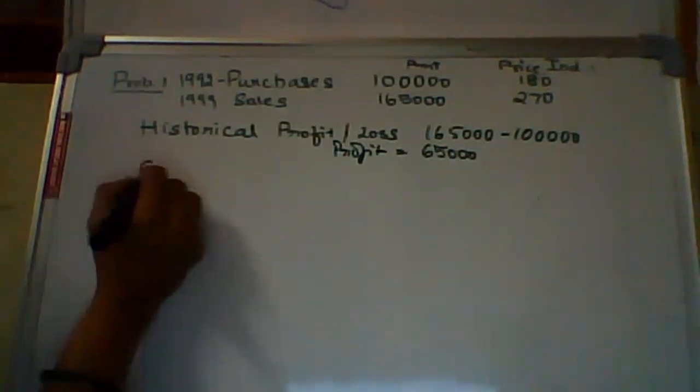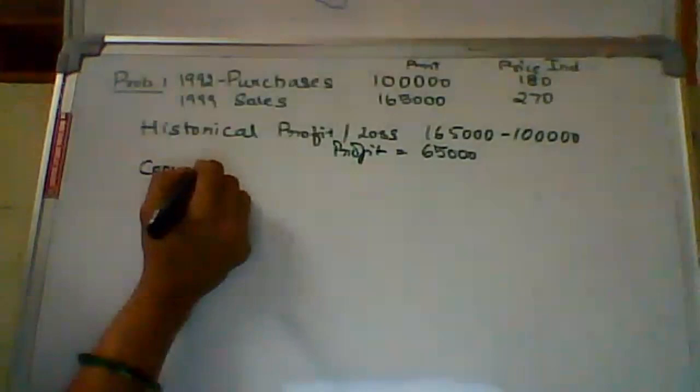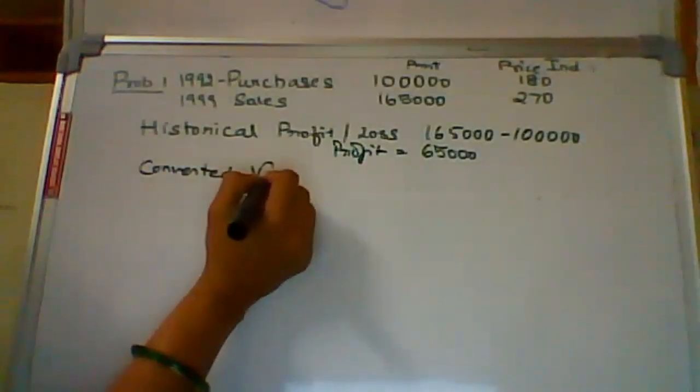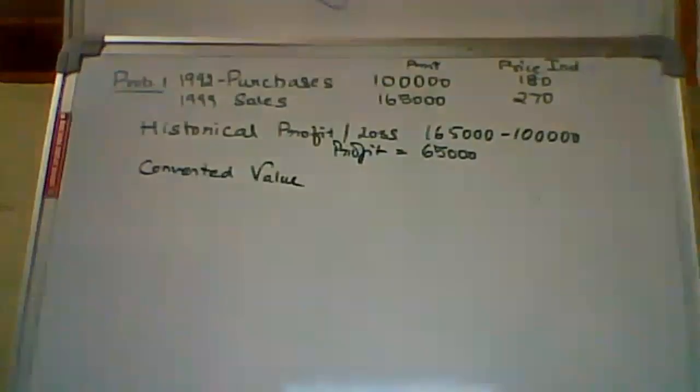Now we will do the converted values which are there. So first we will understand what is the converted value of this particular product which is being purchased in 1992, right?